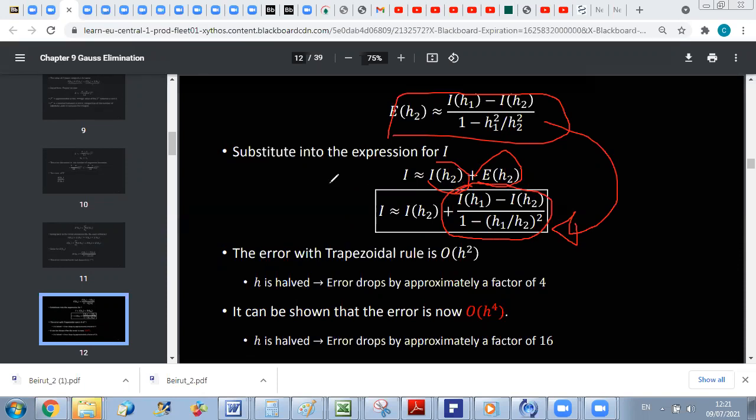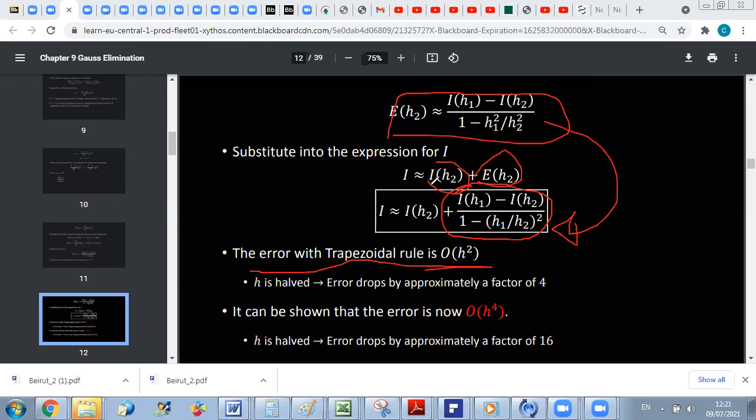And we can show mathematically, and you are not responsible for the demonstration, but you should know that when doing so, the error, which was of order h squared in the trapezoidal rule, as we demonstrated together in the last chapter, is much smaller.